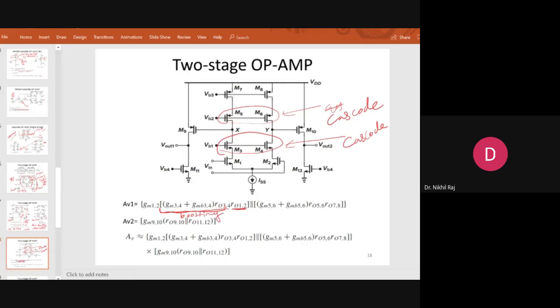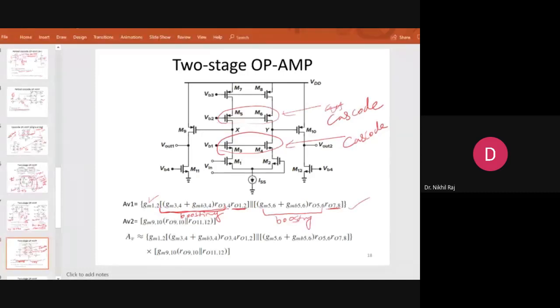Similarly, in the upper section M7 and M8, this resistance is also boosted by this factor. And the overall effective transconductance is always equal to that of the input pair, that is GM12. So taking the product of GM and Rout, I will get my overall gain.